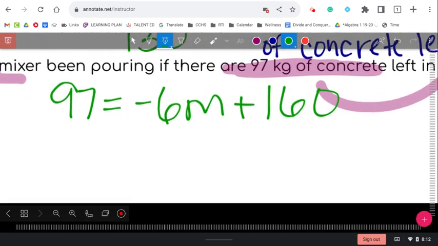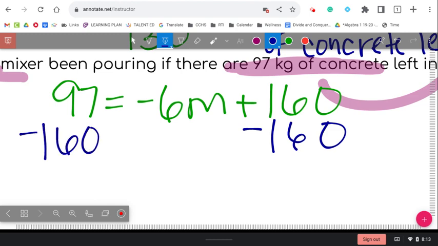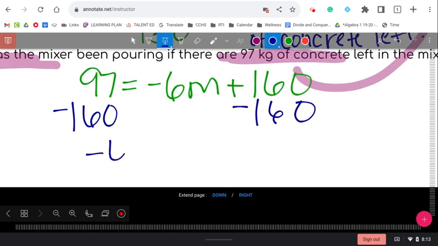Then we're going to have to solve for that M. So this is where you have to do your inverse operations. Subtract 160. You're going to get -63 equals 6M. And then divide by 6.